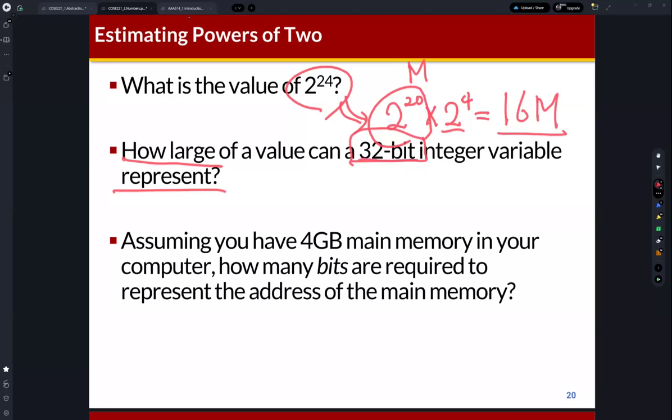It's a 32-bit integer. So if you are familiar with C, then C has some data type called integer. Actually, in Python we can handle numbers, but Python does not have any data type actually.